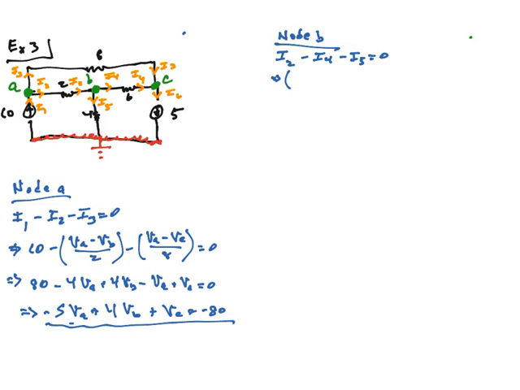He went from A, got to B. So VA minus VB over his resistor of 2. I4, he's not a source, so he went from B to C. So VB minus VC over 6. And I5, not a source, so he went from B to the ground over his resistor.